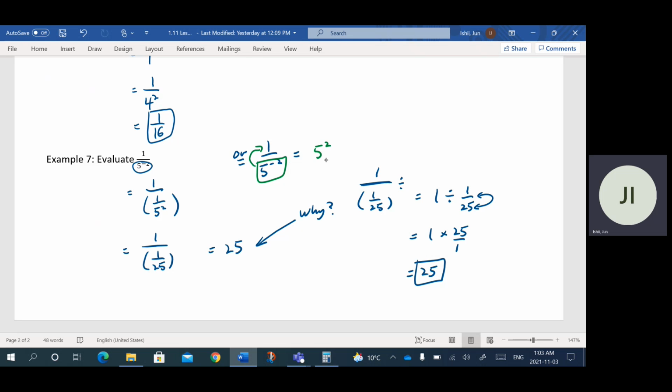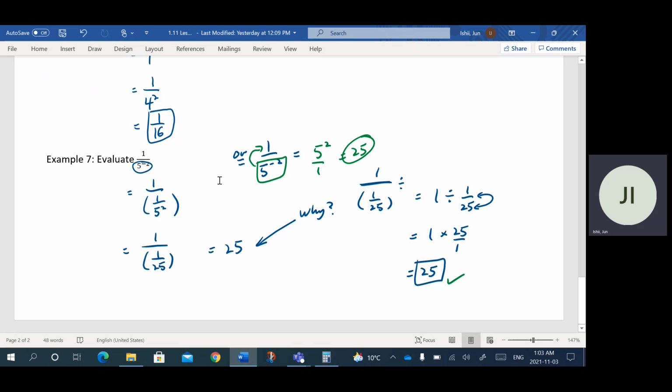So this is 5 squared over 1. So 5 squared over 1 is again equal to 25. All right, so whenever you spot a negative exponent in the denominator, you want to move it up to the other side, up top, and change it to a positive exponent. All right, so notice here I got 25. I also have 25 there. All right, guys, hopefully that makes sense.